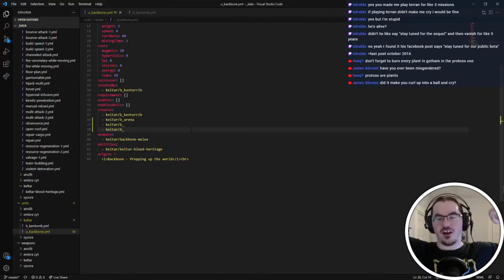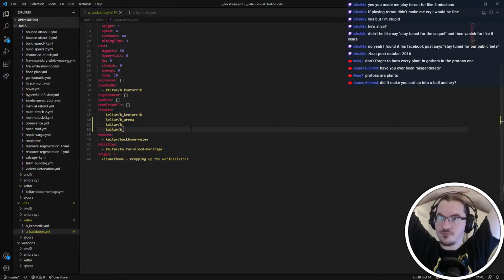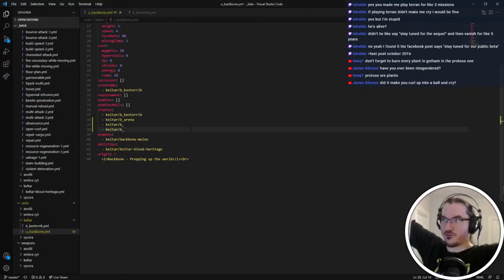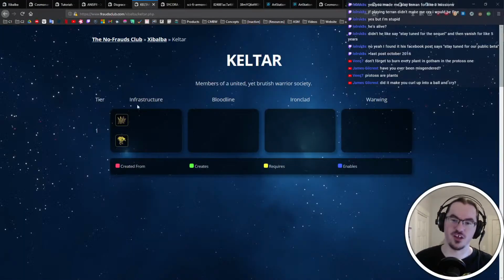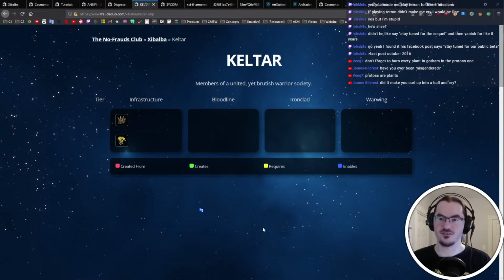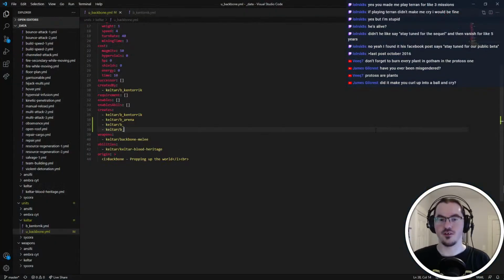So we've got our themes, obviously. There's familial stuff mixed with blood. Those are the naming conventions for bloodline, obviously. Infrastructure is like bones and stuff, and supports actual infrastructure. Ironclad is like metal stuff.